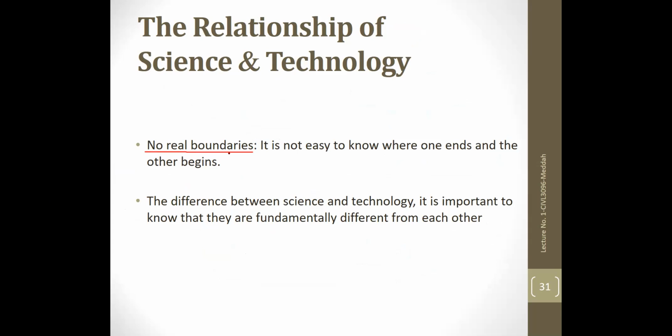But at the end, they are not really competing with each other. They are completing each other. And usually we cannot find out exactly where materials science is ending and where materials engineering is starting or beginning, because they are interconnected and interrelated.